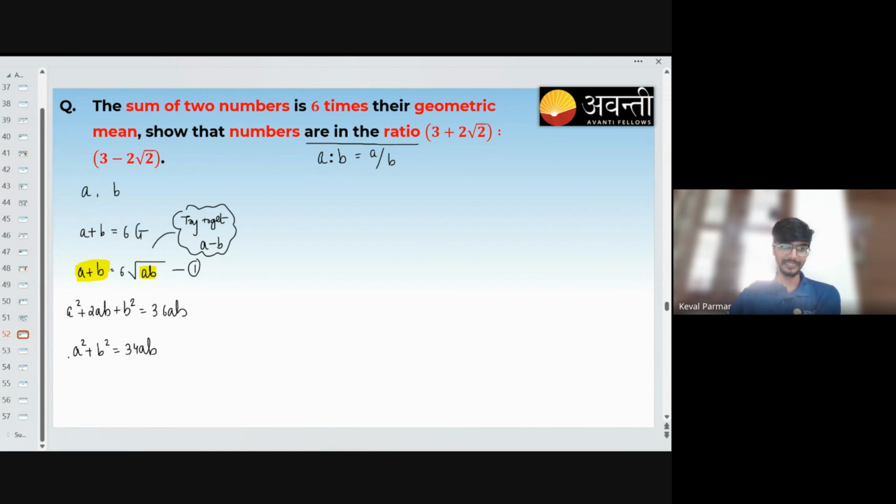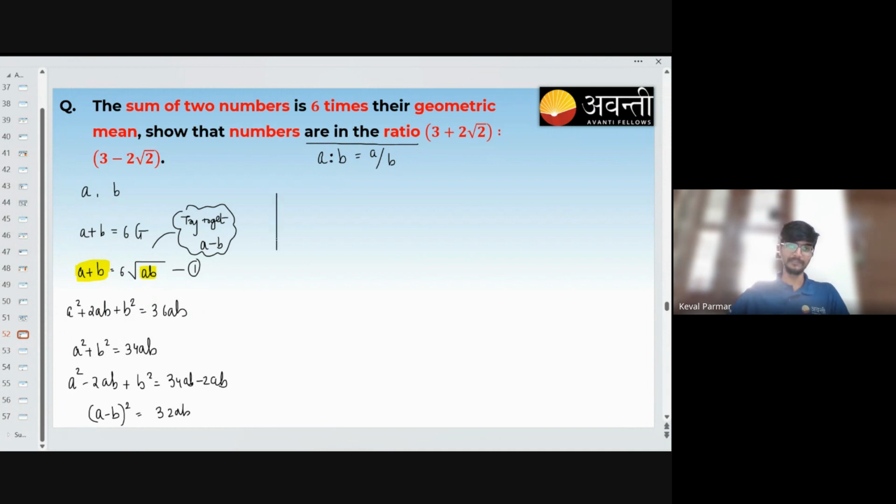So I can create A minus B here. How? I subtract 2AB on both the sides: A square plus B square minus 2AB is equals to 34AB minus 2AB. So this is A minus B, the whole square, is equals to 32AB.